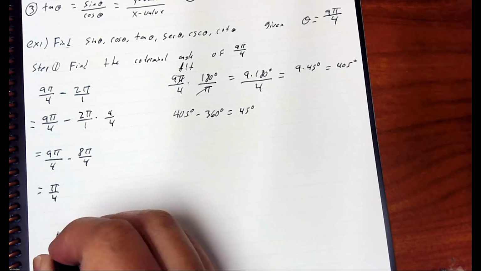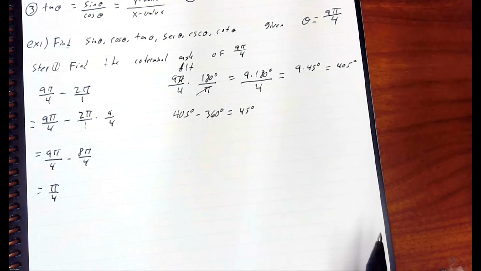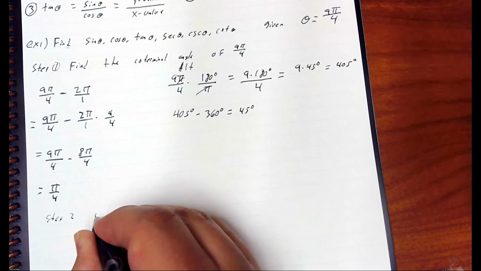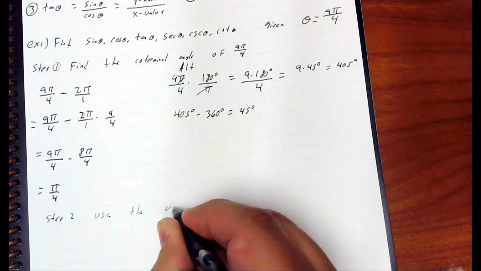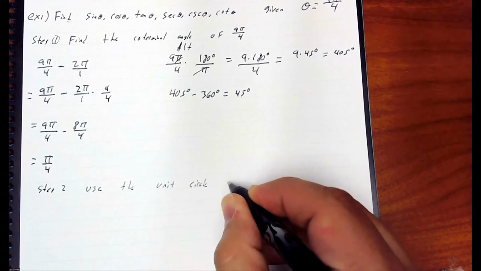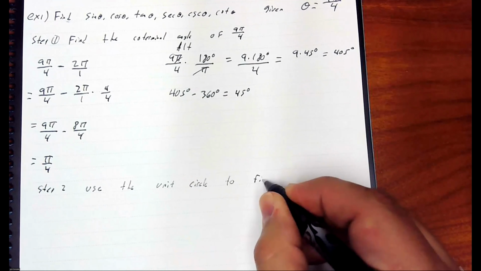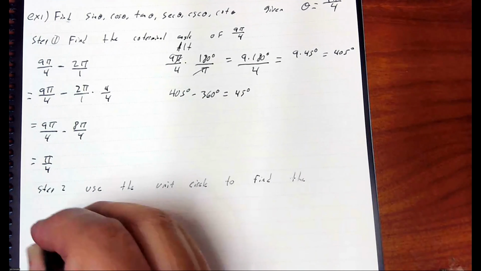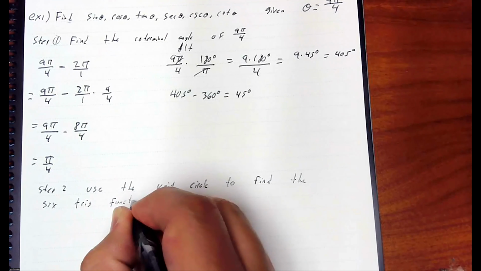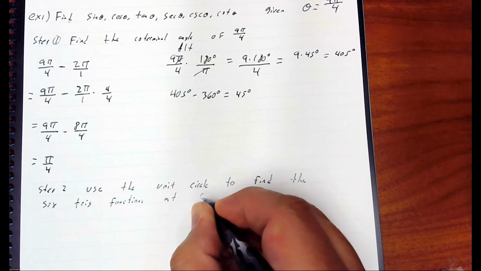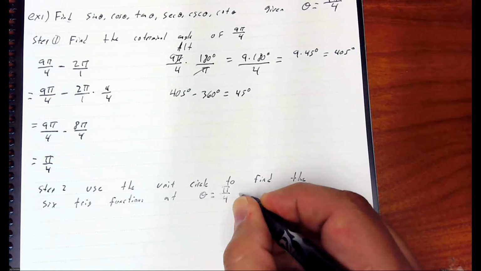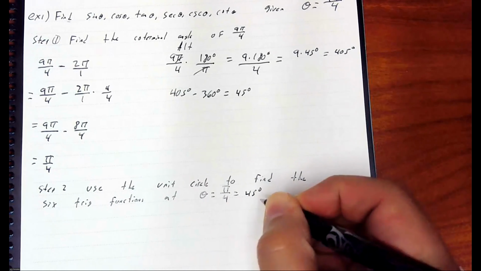So now we can answer the question. So right here, this was our first step. So step 2. Use the unit circle to find the 6 trig functions at theta, which we found to be pi over 4 or 45 degrees.